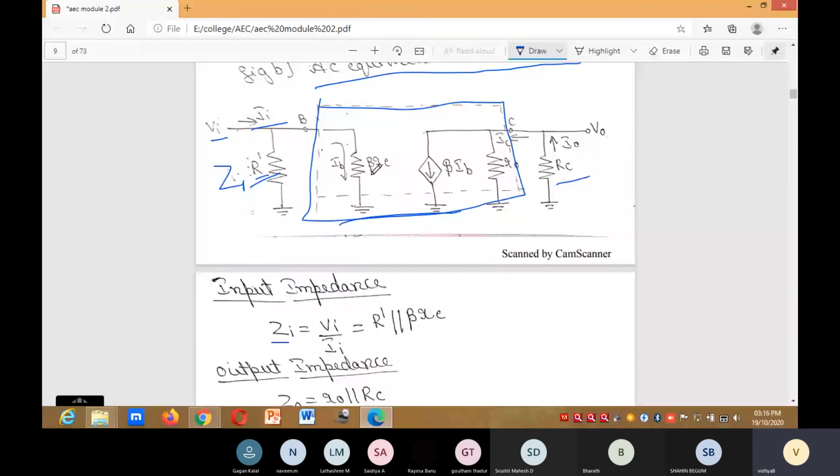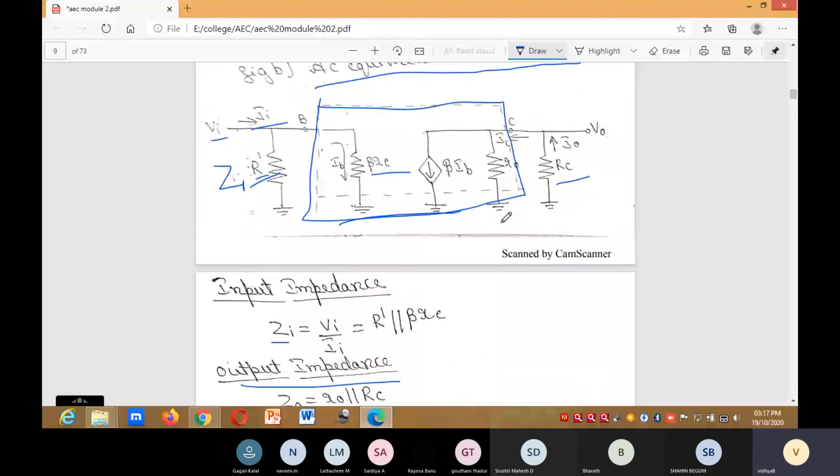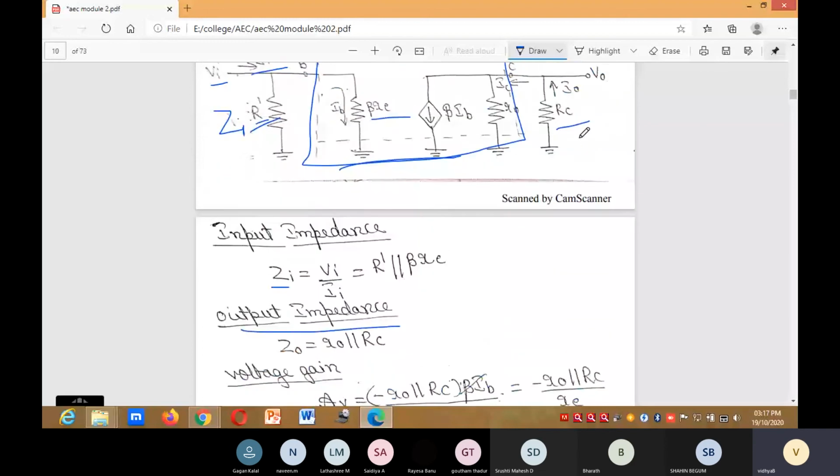Output impedance is equal to what? R naught parallel RC, same as what we have written for common emitter with fixed bias configuration. Same for common emitter with voltage divider bias configuration. Output impedance Z0 is equal to R naught parallel RC.